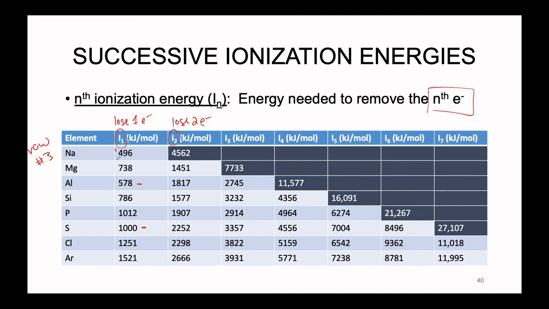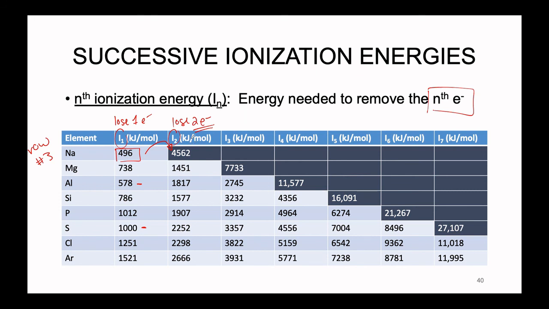So the amount of energy necessary to lose that 1 electron, we can see here, is approximately 500 kilojoules per mole. And suddenly, as we go into the next ionization energy, the amount of energy necessary to lose 2 electrons, we can see that there's this huge inflation of the energy necessary to crack into that new shell.